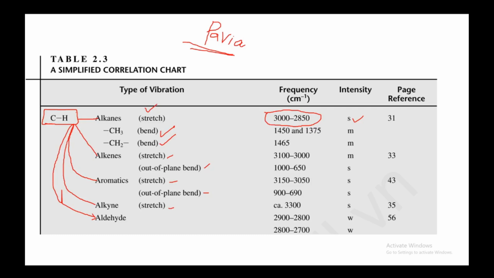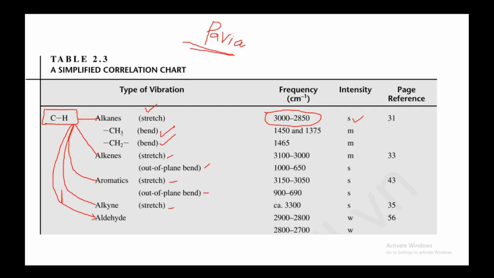Now I repeat again: a strong peak in the range from 3000 to 2850 per centimeter is a CH bond present in any alkane.